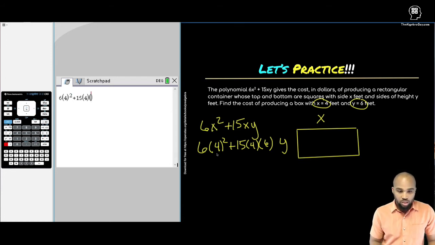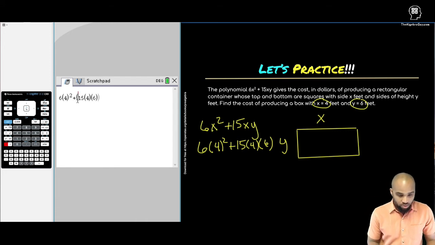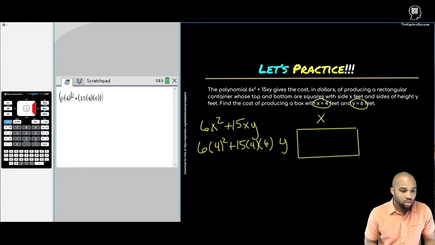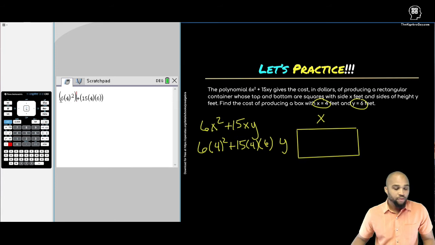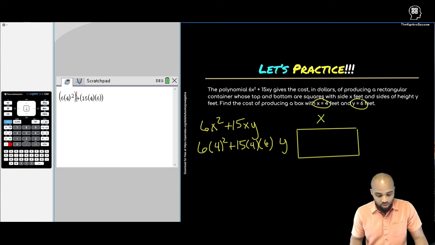And the calculator does PEMDAS, so it should know to do the multiplication first. But to make sure, I'm going to put parentheses around this whole thing to say, please make sure you do this all together. I double check to see if I put everything in correctly, and it looks like I did. I'm going to put parentheses around here just to make sure it does all this together as well. So please do that first. What I'm telling the calculator is make sure you do this part first, then add. So let's press enter and see what we get.